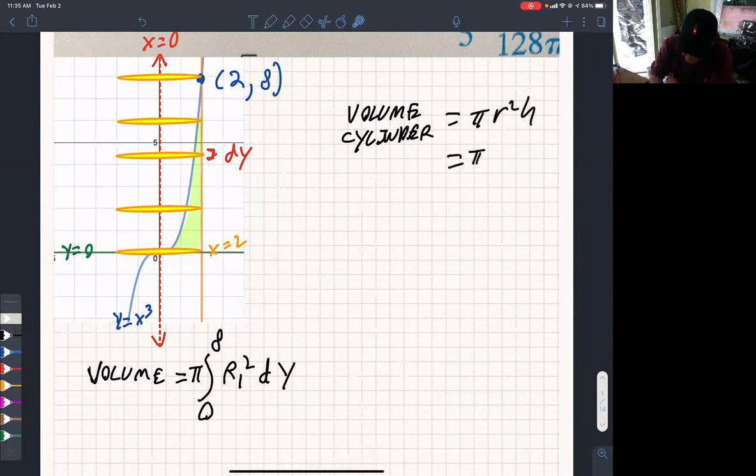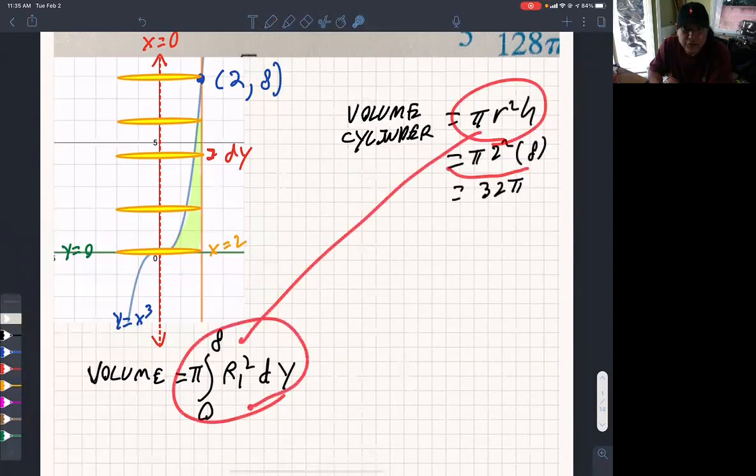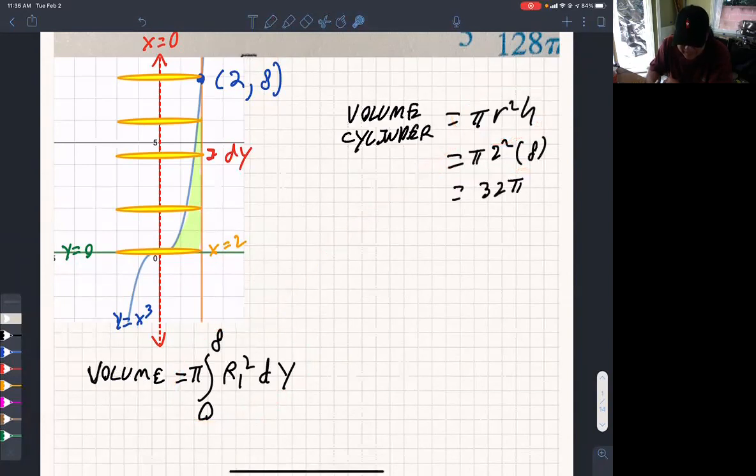The radius of this is 2, so you could do 2 squared, and the height is 8. So that's just 32 pi. You could actually put this instead of that. You don't have to integrate. If it's a shape that you have geometry for, you can do geometry. But I'm just going to put that there so you get an idea of what's happening.